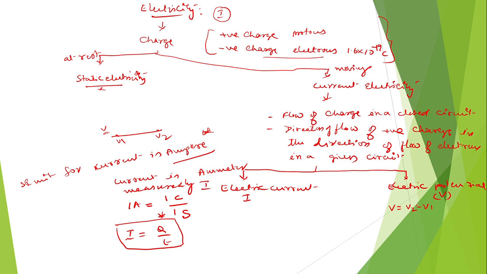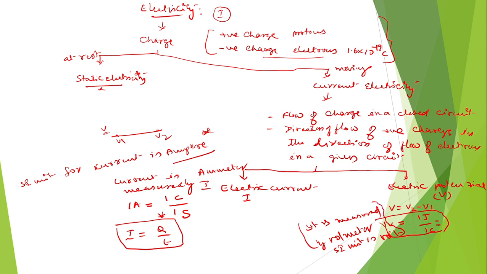Now we will come to voltage. How do we measure voltage? 1 volt is equal to 1 joule per 1 coulomb, so V is equal to J by C. It is measured by a voltmeter. The SI unit is volt. This is also important.